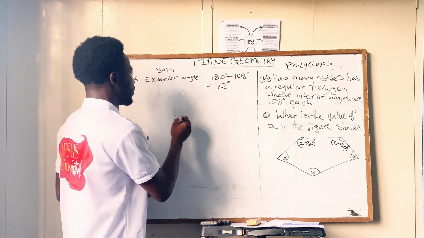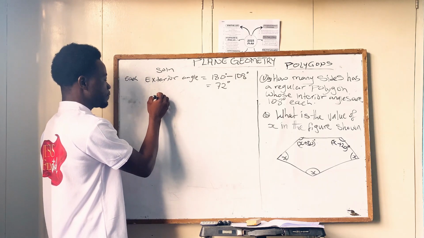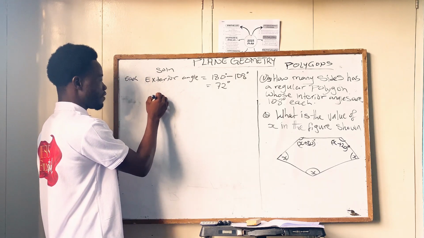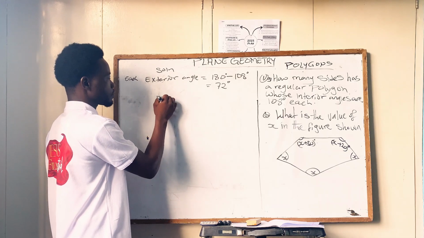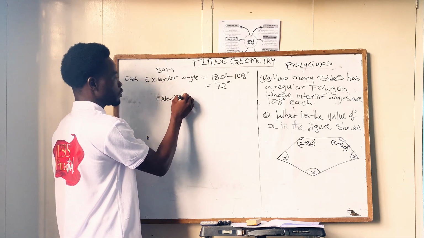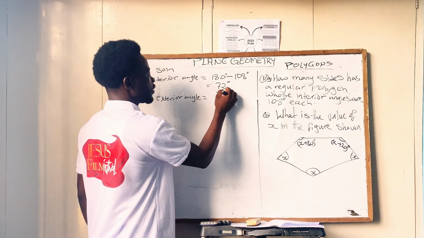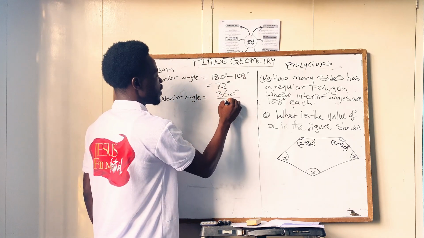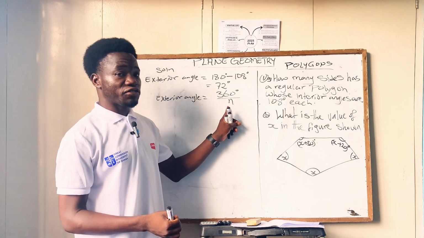And so the formula for finding the exterior angle is, we have the exterior angle to be equal to 360 degree divided by n, where the n here is the number of sides.